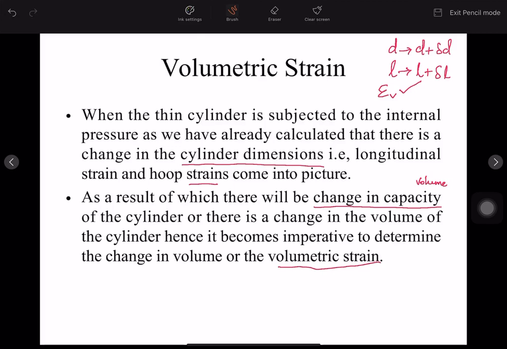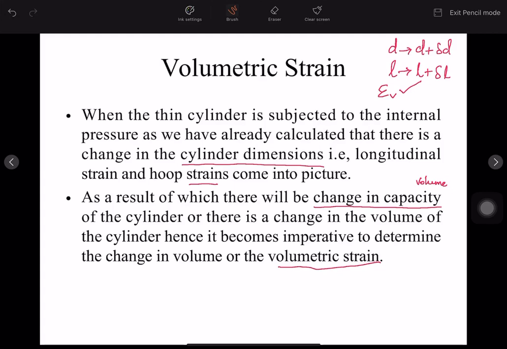Because of hoop stress and longitudinal stress, there are certain strains, that is, changes in dimensions. Because of such stresses and strains, there will be a change in the capacity or volume of the cylinder which we are using.